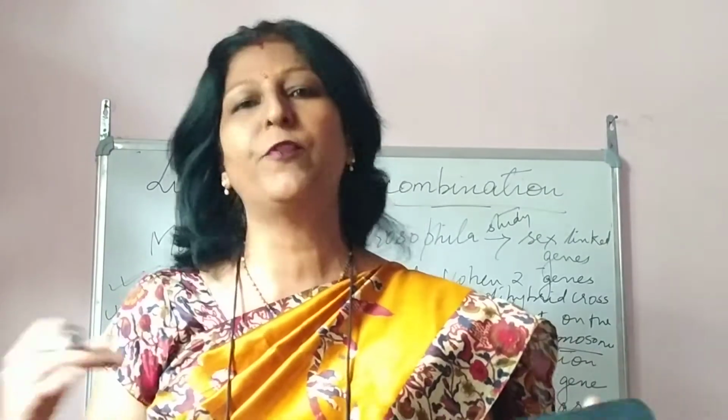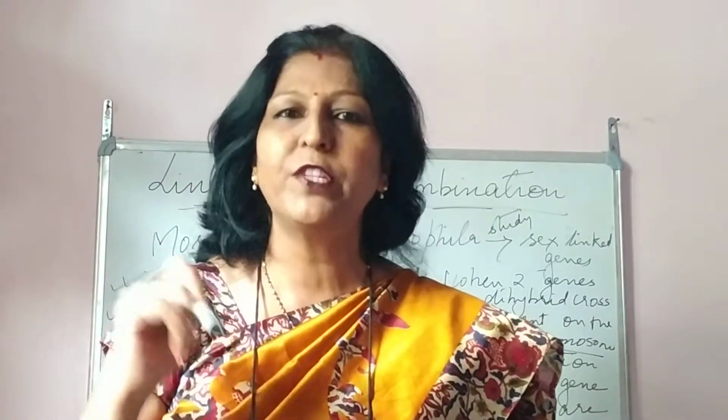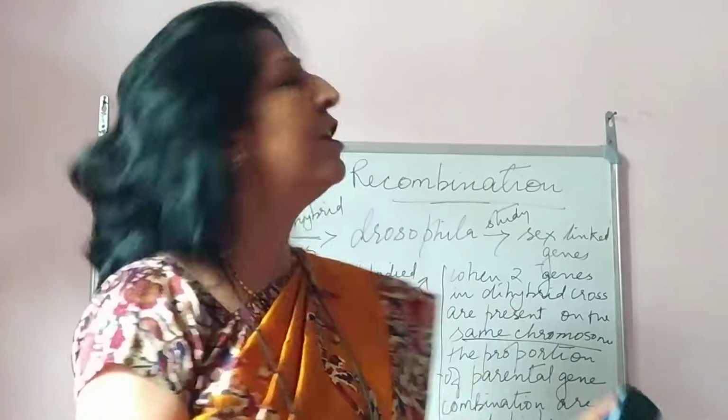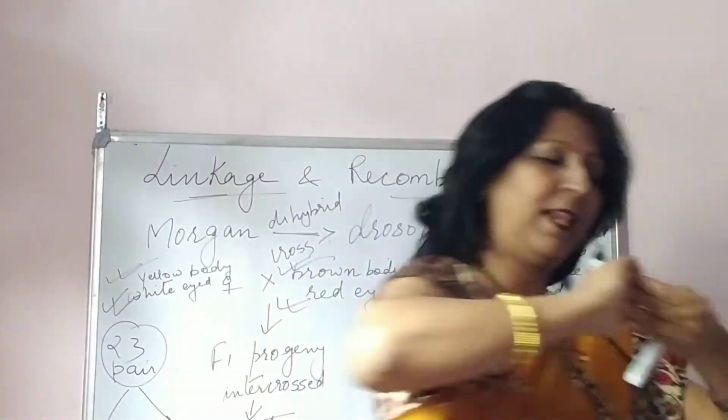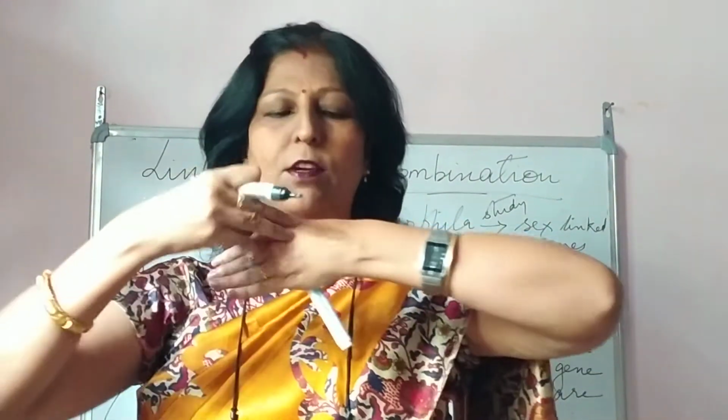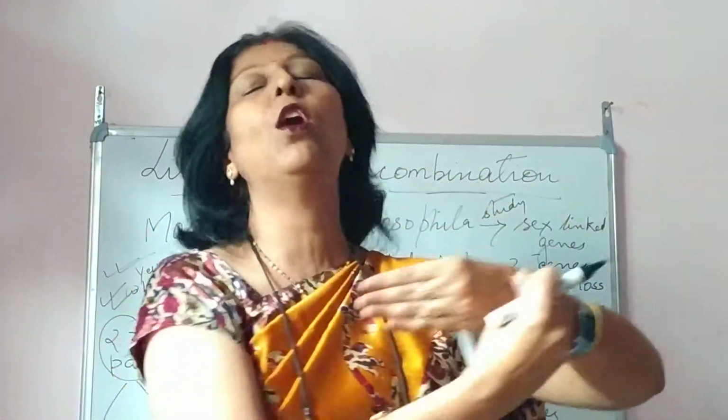What is the main aim of sexual reproduction? The main aim of sexual reproduction is variation. So here they will be joined together. Suppose this is a chromosome, the genes will be on it, so they will go along with the chromosome.